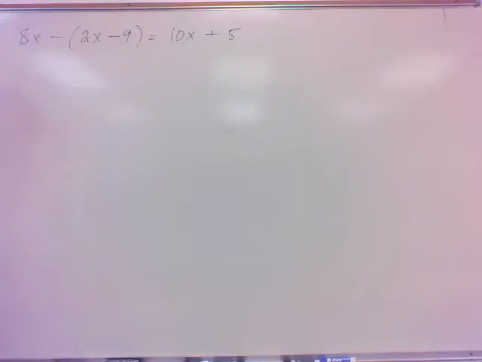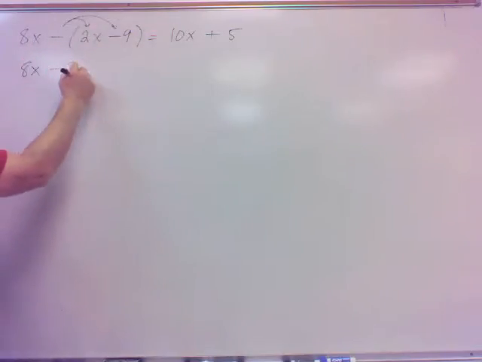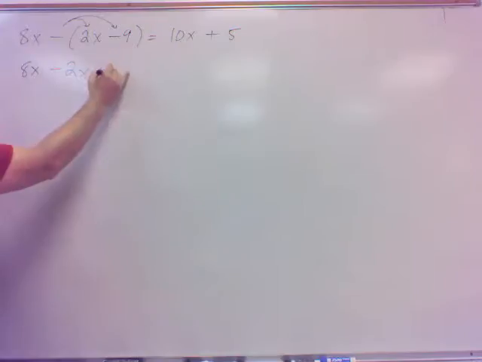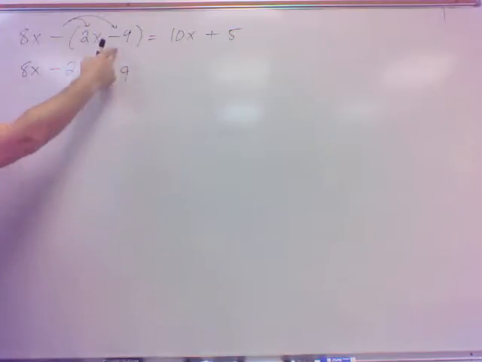I wanted to mention this again too, because this little detail comes up a lot, and that is this minus in the front. That's going to change signs here, so be sure to distribute it, right? Because this minus affects both of those. So that'll be 8x minus 2x, but plus 9, because it's a minus times a minus, so that's a plus.